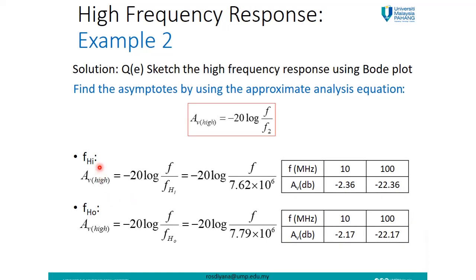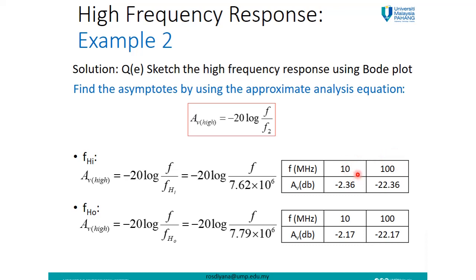For the fH in, the voltage gain, we insert the fH in value, 7.62 megahertz. And for the frequency here, can you see in this table, I said the frequency is in megahertz. So you don't have to calculate the megahertz inside this frequency.